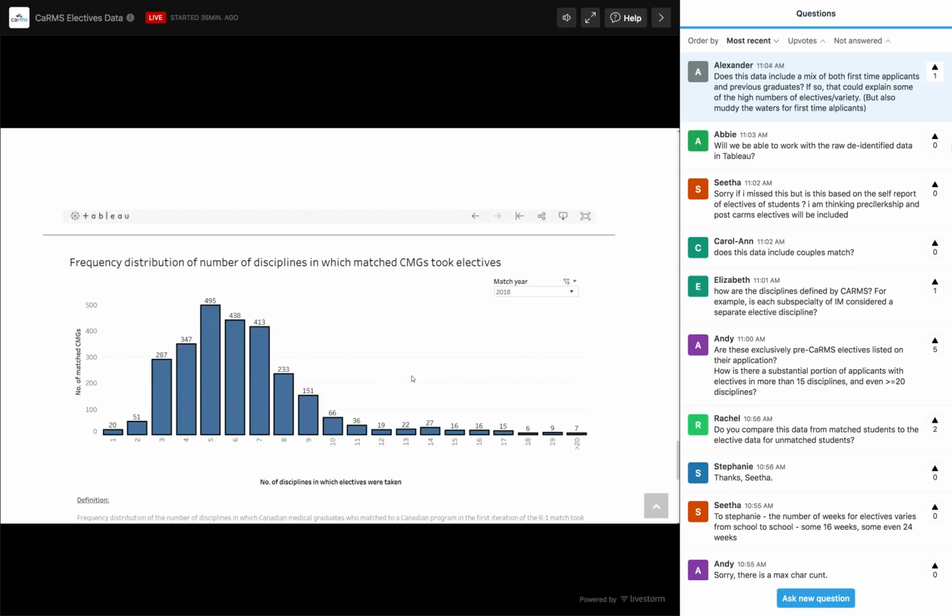For the folks in this limited edition, you will also receive a slightly fine-tuned Tableau file along with the video and the link to CaRMS.ca, so you can have it at your desktop, which might be helpful. But keep in mind that as the years unfold, that data will start to become stale because it'll be added to with 2019 and 2020 and so on. But at least it'll be there for you for the coming period.